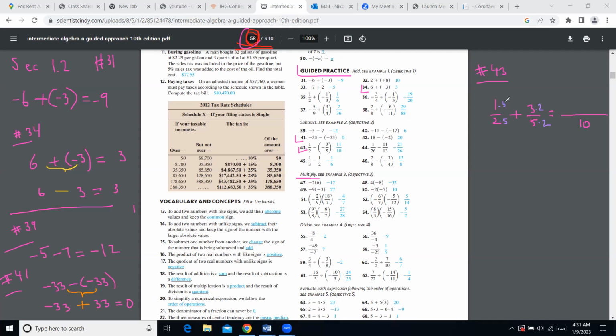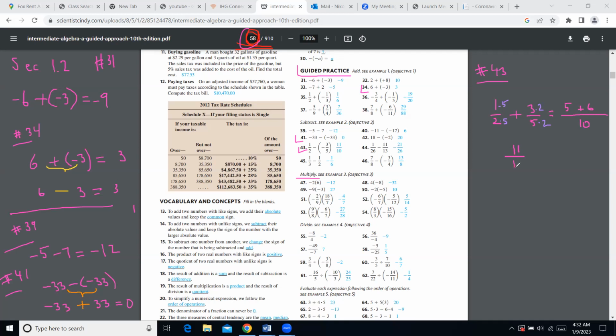So the fractions don't change. If I take 1/2 and multiply and divide by 5, nothing changes. And analogously with 3/5, I multiply by 2 the top as well as the bottom of the fraction. So now my numerators will be 5 and 3 times 2, which is 6. So I end up adding 5 and 6, and that's how I get 11.